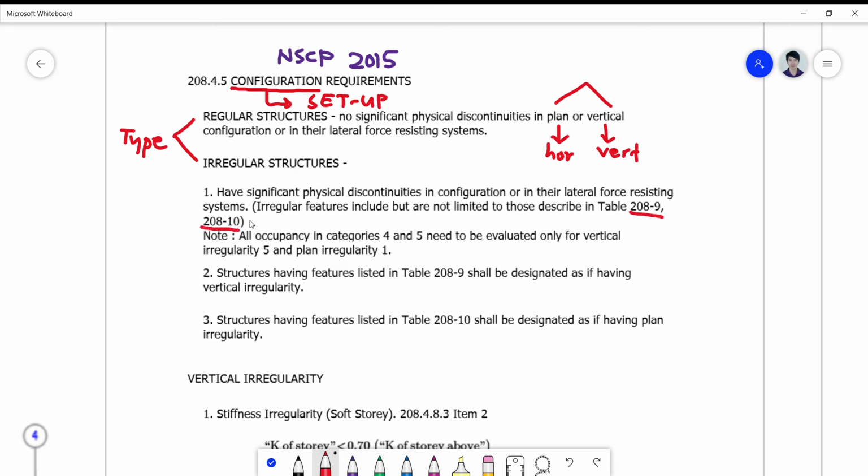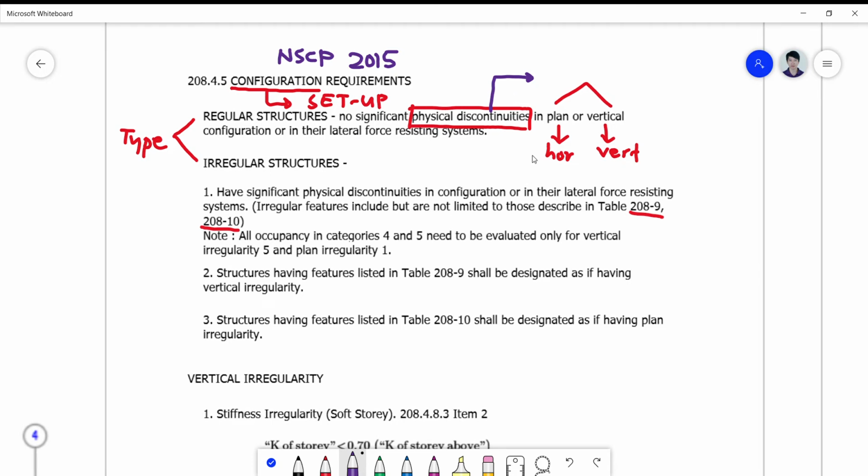so for regular structures, all you have to take note of is that there are no physical discontinuities. Okay, so discontinuities simply means there's no point wherein the transfer of stresses might be affected. When something is not continuous, then there is weakness.